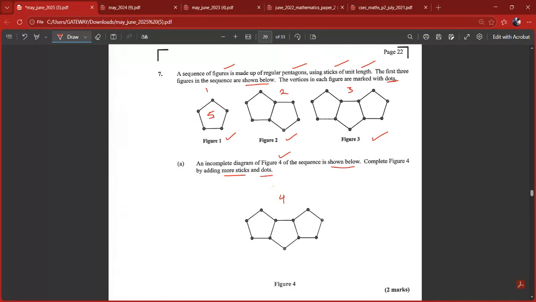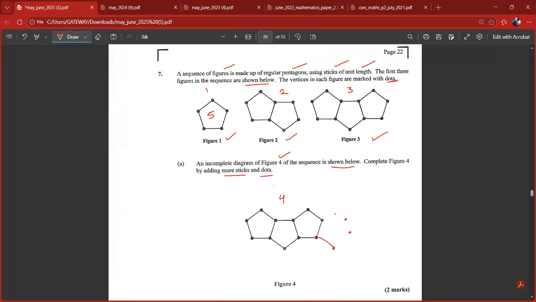So from figure 1 to figure 2, you draw a pentagon that is kind of down, and then you draw another pentagon for figure 3 that kind of rises up. So the fourth pentagon here should kind of go down. In other words, it should look something like this: put a dot here, put a dot probably here, one here, one there.